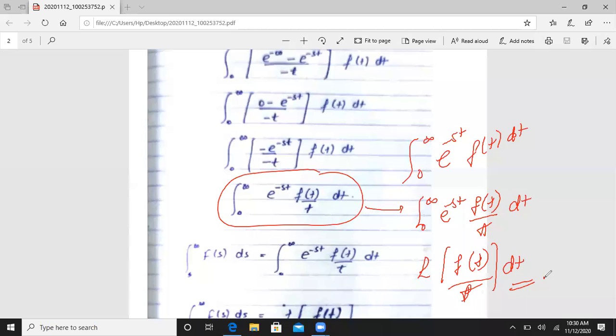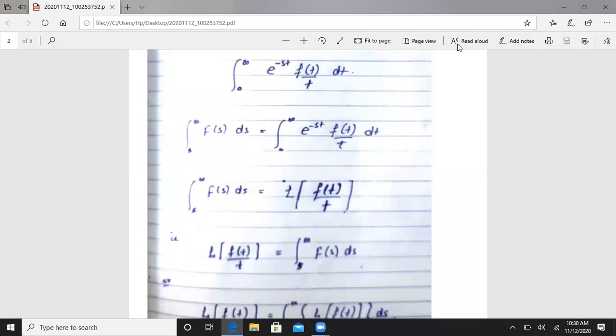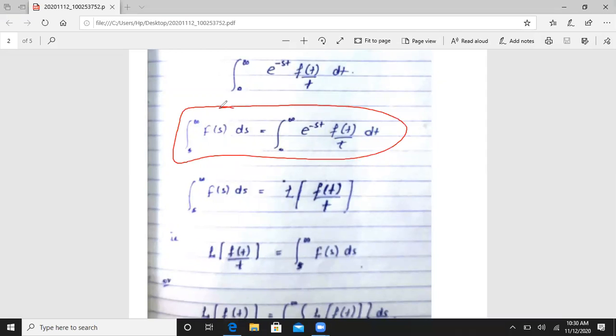So here our final answer is integration over f of s. This function we will take in the starting only. Integration over s to infinity f of s ds is equal to, this is our answer, integration over 0 to infinity e to the power minus st f of t by t into dt.